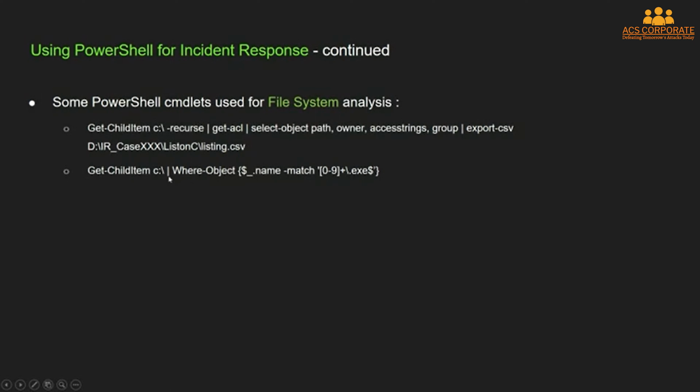In such a case, I would like to get all the files under the C partition that have a number followed by .exe as a name, ending with exe. So with Where-Object, it means that for every object listed under the C partition, I need to find a file whose name matches a number followed by .exe, which means there is an executable named as a number, and I would like to have this in the list of the output.